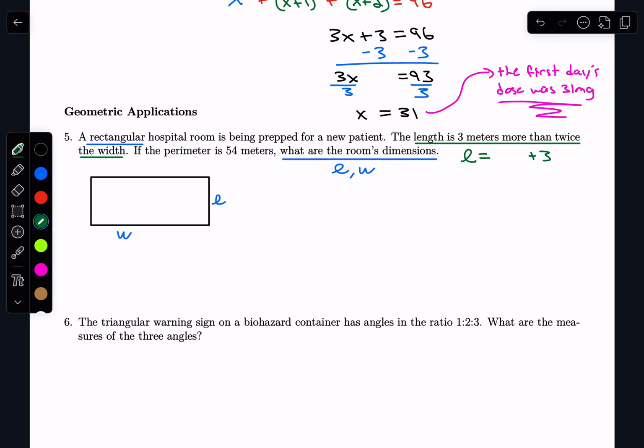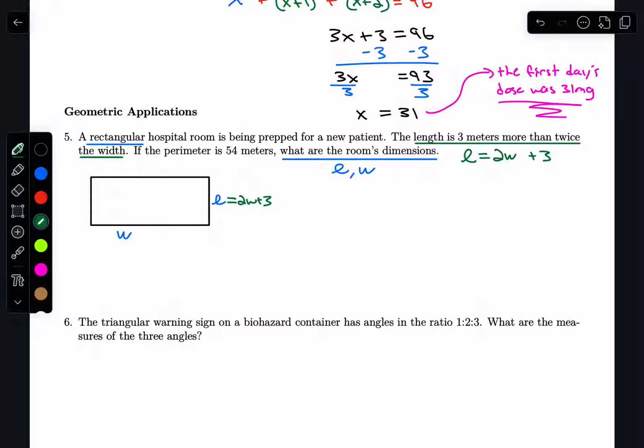But what am I adding 3 to? Twice the width. So that's going to be 2 times W. So altogether, I have length equals 2W plus 3, or L equals 2W plus 3. So in my diagram, that's what I'm going to write. Where I wrote L before, I'm going to say equals 2W plus 3.